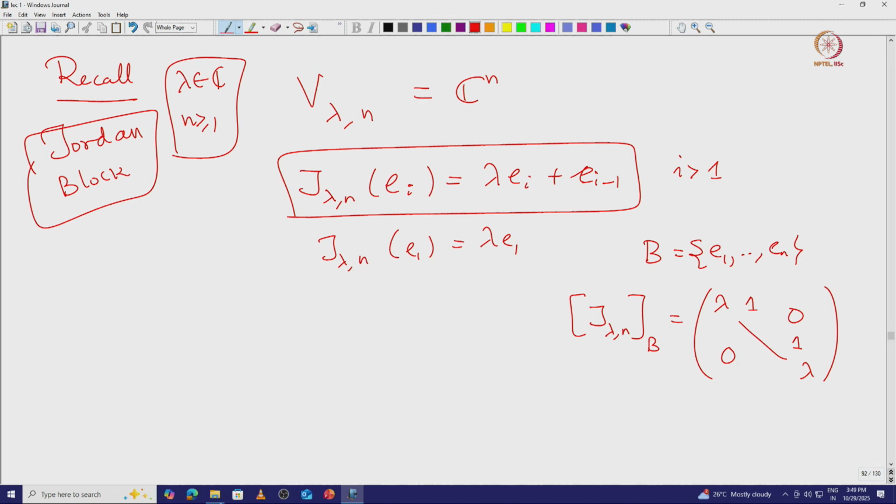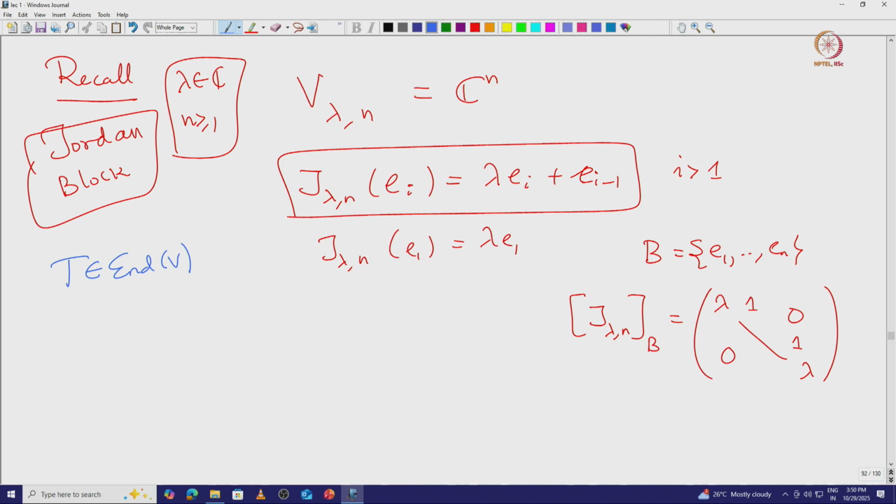Here, I am just rewriting whatever results we know in terms of the representation language. We have this operator T, which comes from the endomorphism of V. We know that there exists a basis of capital V such that the matrix of T with respect to that basis is in Jordan normal form.